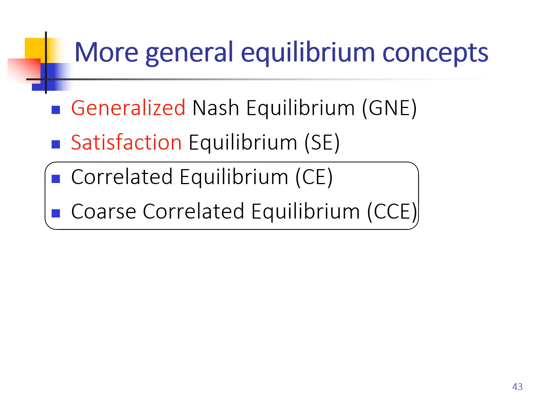That said, Nash equilibrium, as I said before in the introduction, is just one type of equilibrium. There are many others. One of them is the generalized Nash equilibrium, satisfaction equilibrium, and we will have an example on this. Then there is this family of correlated equilibrium, which we will show is much more powerful than Nash equilibrium.